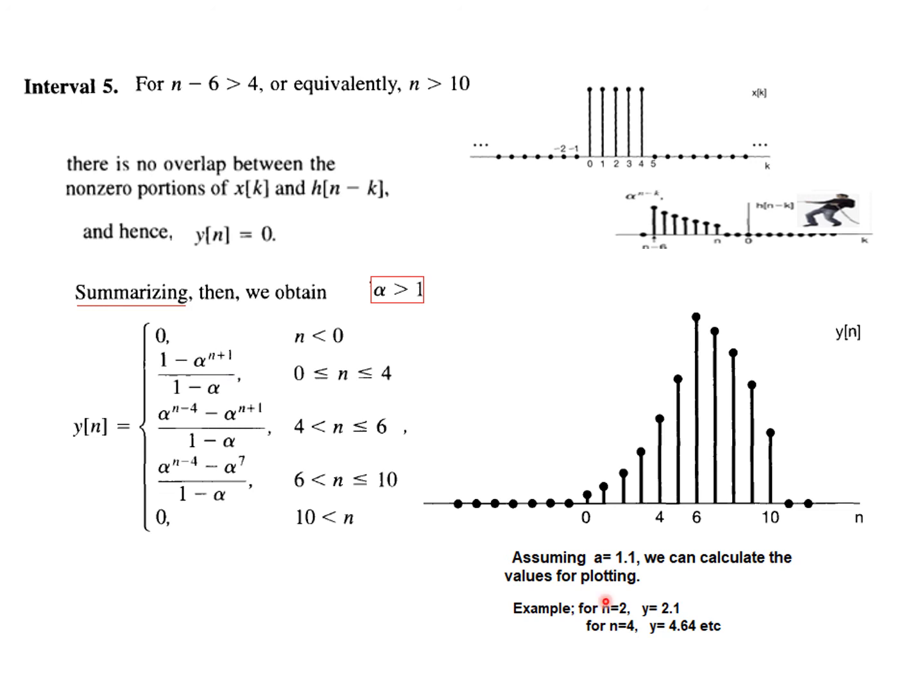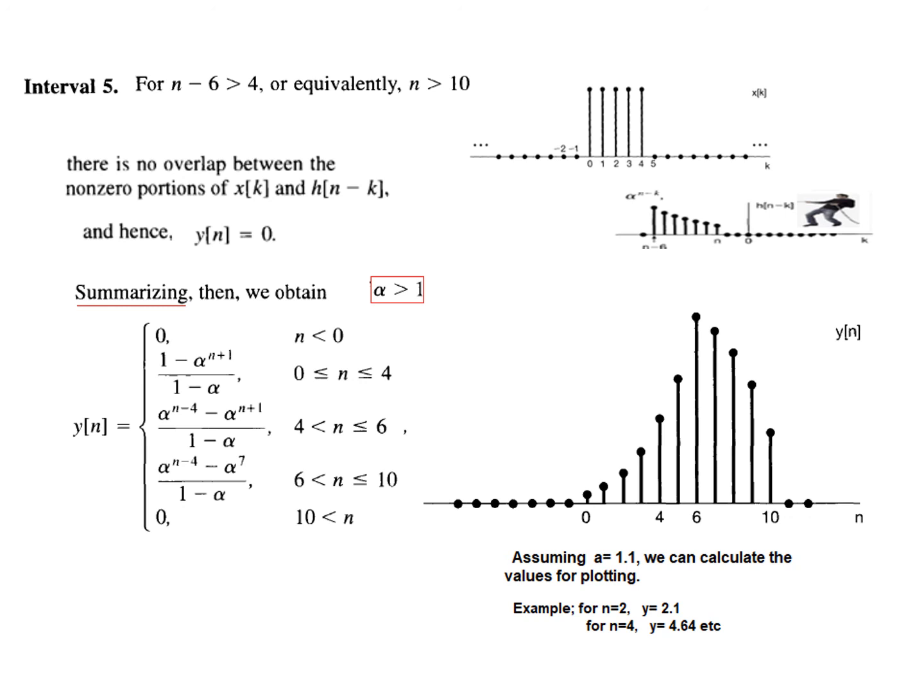So if I take n equal to 2 and put it in here, a is 1.1, n is 2, so 2 plus 1 is 3. If you solve this, you will get y equal to 2.1. So for n equal to 2, I can plot here, this will be 2.1. Similarly, for n equal to 4, in the same way we put it here, and I can find the value 4.64.